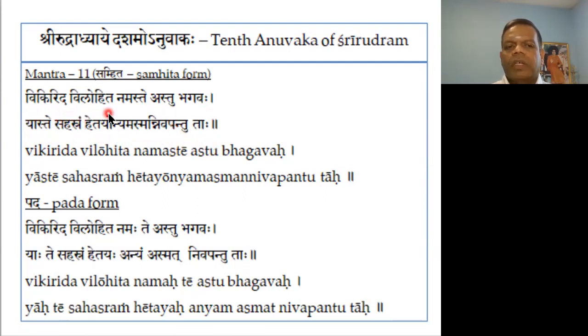Vikirida Vilohita Namaste Astu Bhagavaha Yaste Sahasram Hetayonyamasman Nivapantu Ta. Vikirida Vilohita Namaste Astu Bhagavaha Yaste Sahasram Hetayonyamasman Nivapantu Ta.